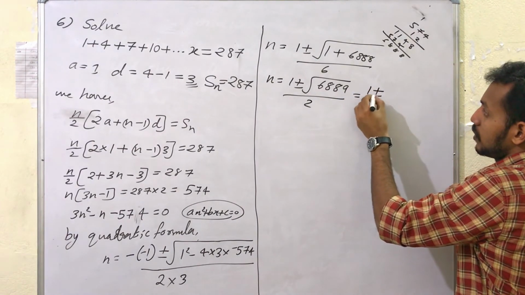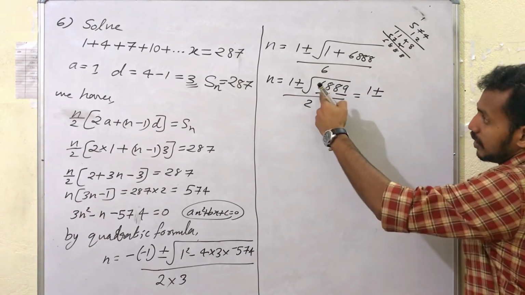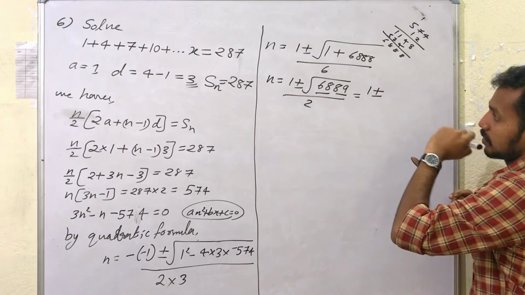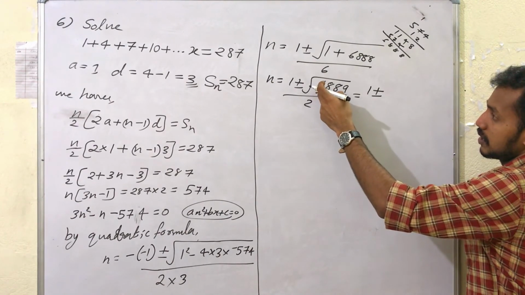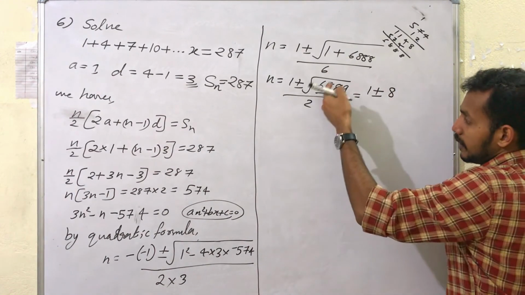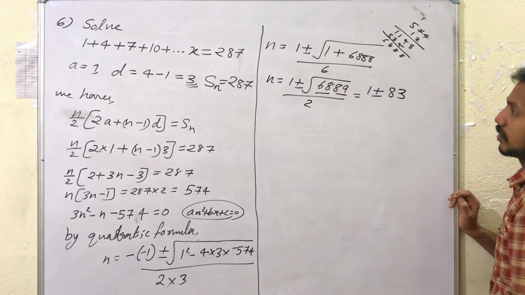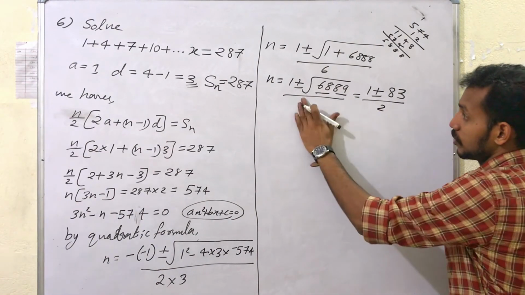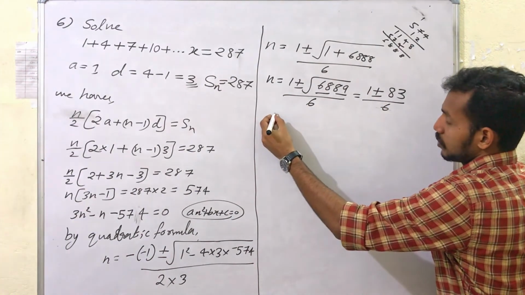That implies n is equal to minus 1 plus or minus the square root of 6,889. Find the square root of this number, that is 83, divided by 6.